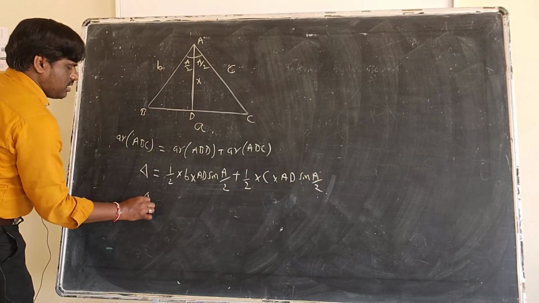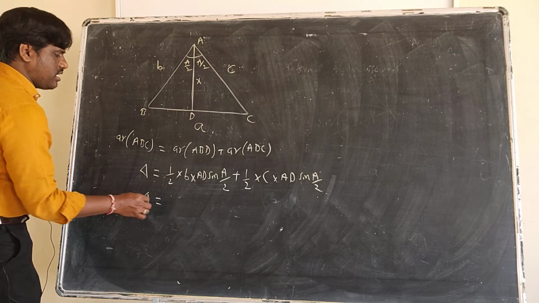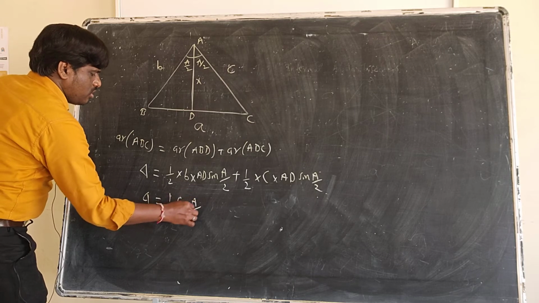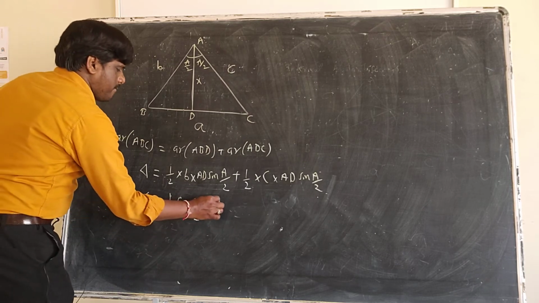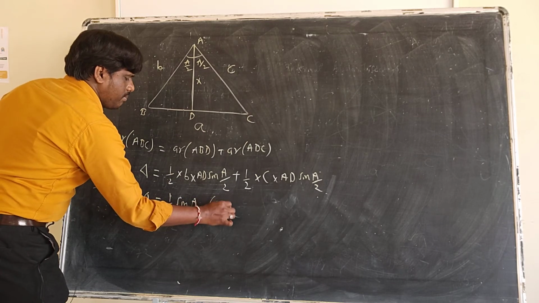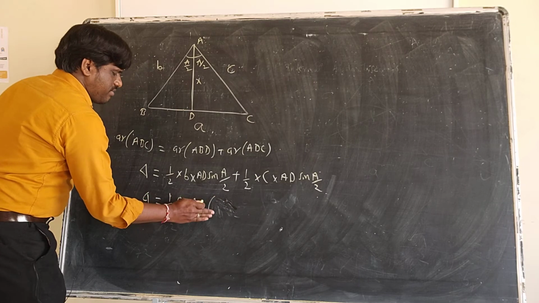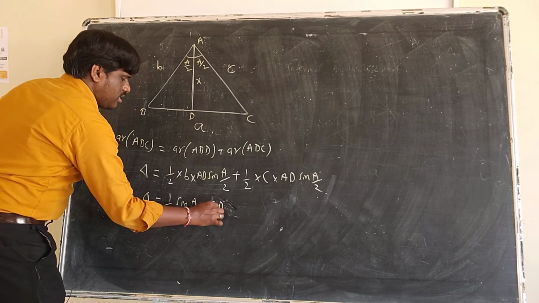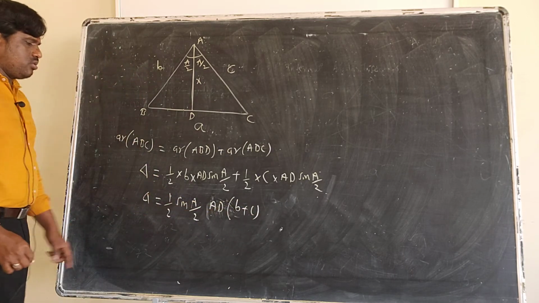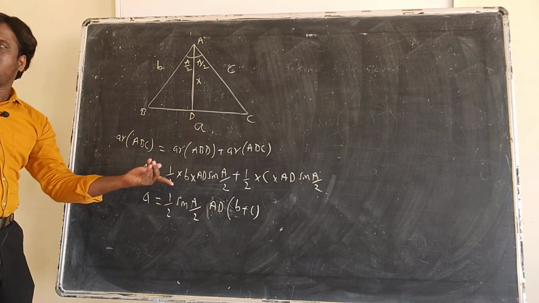Here you can take half and sine A by 2 common, and AD also common. Inside what is left is b plus c.